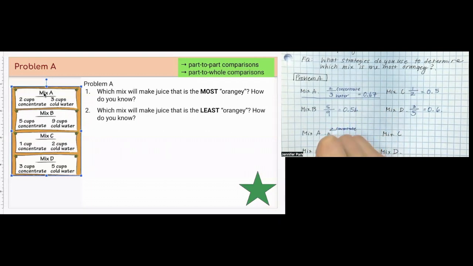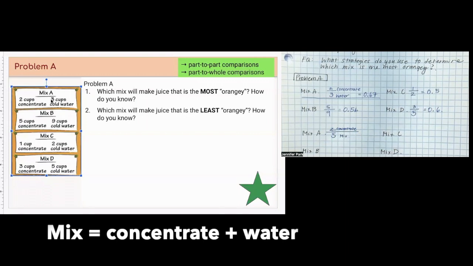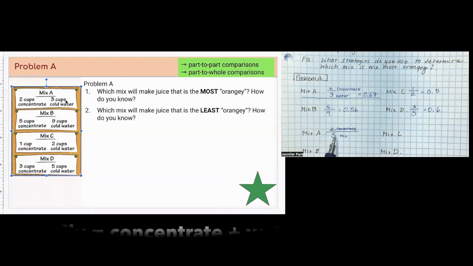Okay, but we're going to compare that not to the cups of water, but to the entire mix. So there are 2 cups of concentrate out of the entire mix, which is 5. Right? We're adding the 2 cups of concentrate and 3 cups of water together to get 5.